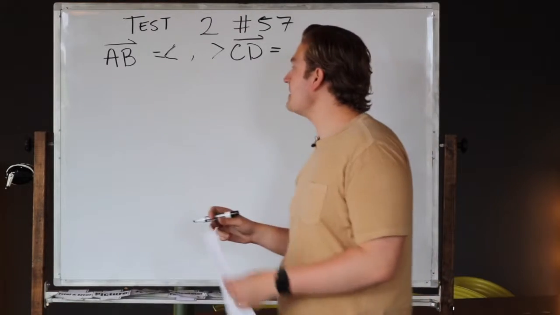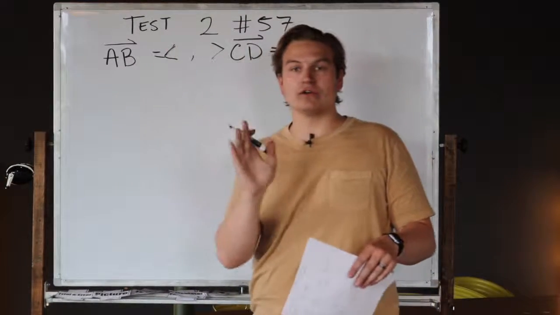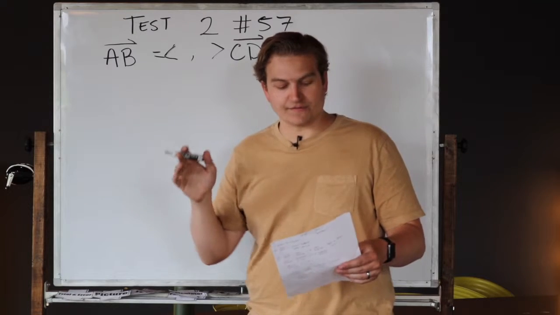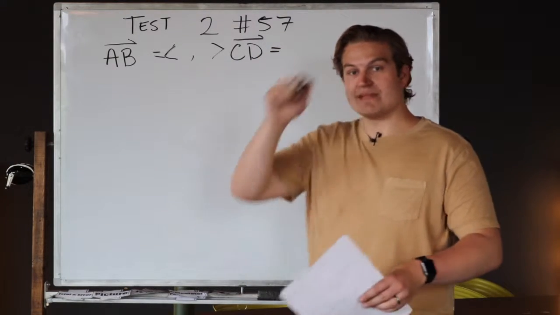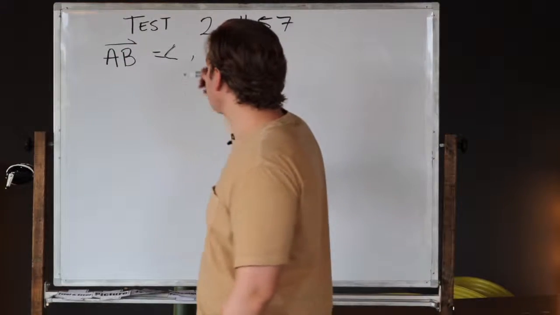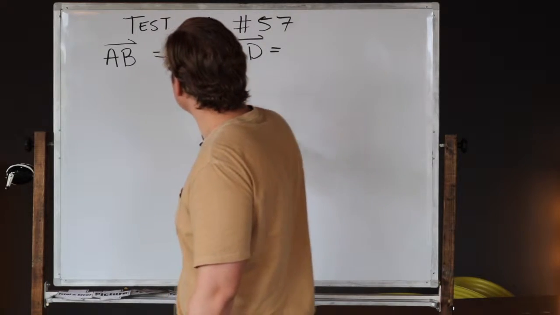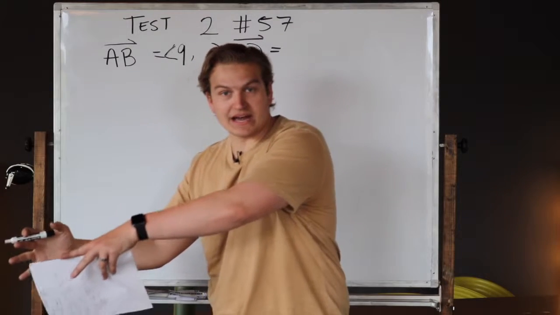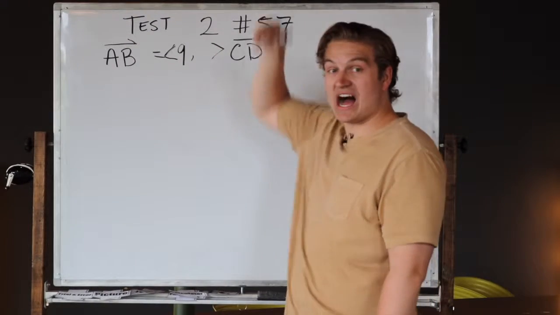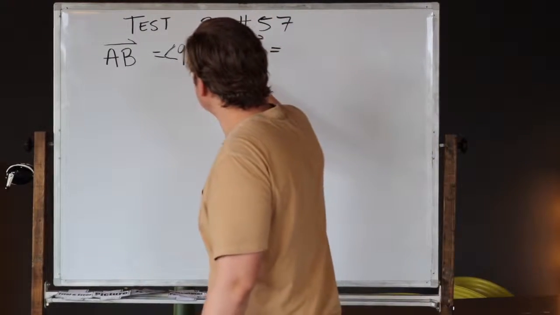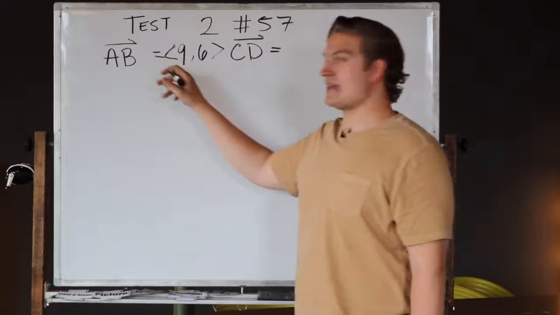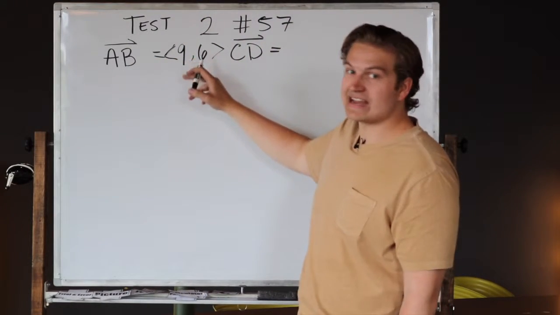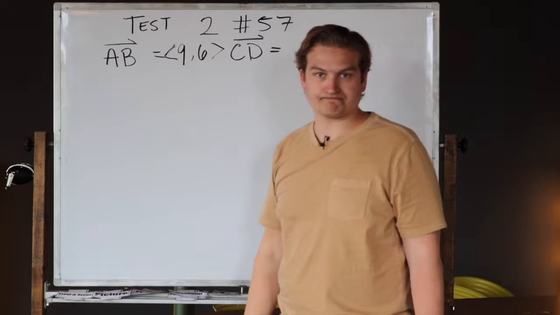Let's look at vector AB first. The arrow for vector AB, from start to finish, moves to the right by 9 units. Doesn't matter where it starts and ends, we know it moves to the right by 9 units. And we also know it moves up 6 units. So our vector AB is positive 9, up 6.